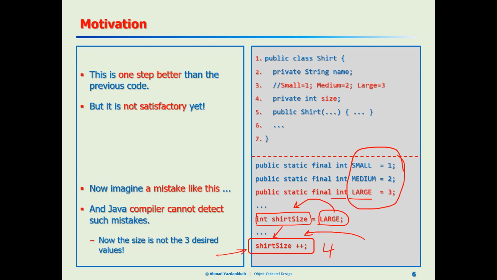So always think that this is not the case that we have a very simple class like this. Always think that it's hundreds of classes, and these constants are in one of the classes, and in, let's say, 50 classes later you want to use it, and a rookie programmer makes this mistake.